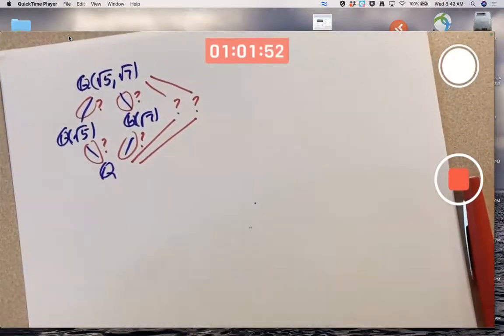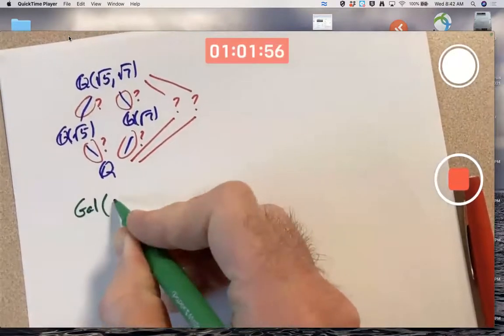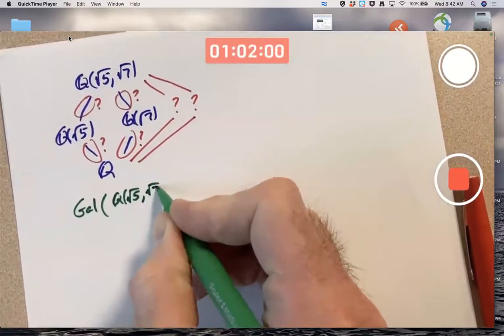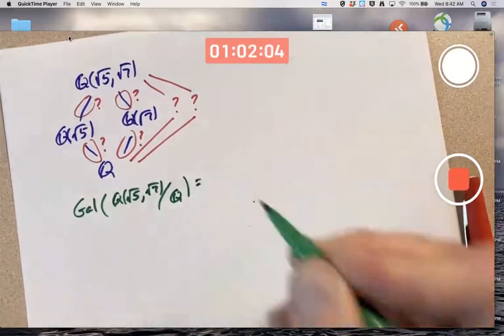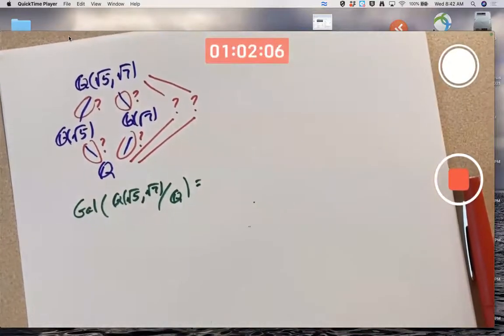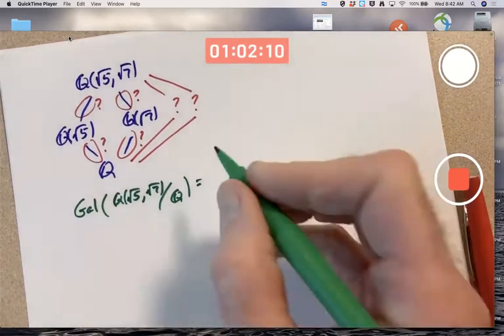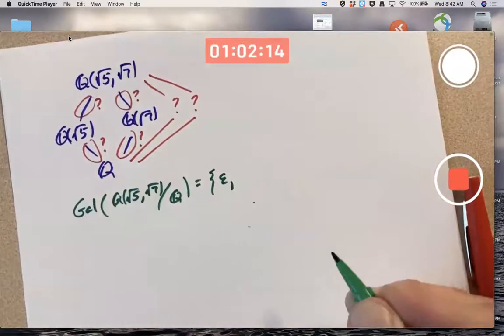What is the Galois group and why is the answer no? That can be answered with the Galois group of Q adjoin root 5, comma, also root 7 over Q. It turns out that this is a 4-element group. It's got the identity mapping.